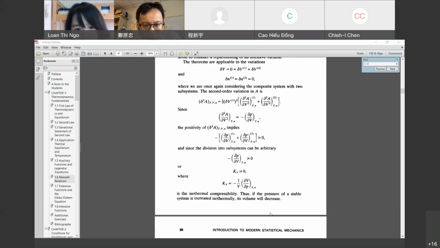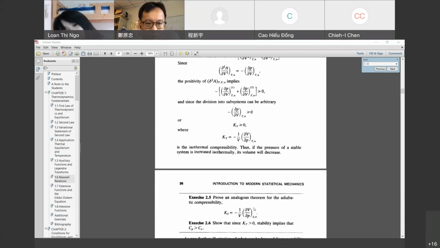A stable thermodynamic system must decrease its volume when the pressure is increased at constant temperature. So David Chandler wants you to show that this is also true for an adiabatic process: if the pressure of a stable system is increased adiabatically, its volume will decrease. This is what you want to prove in this question.